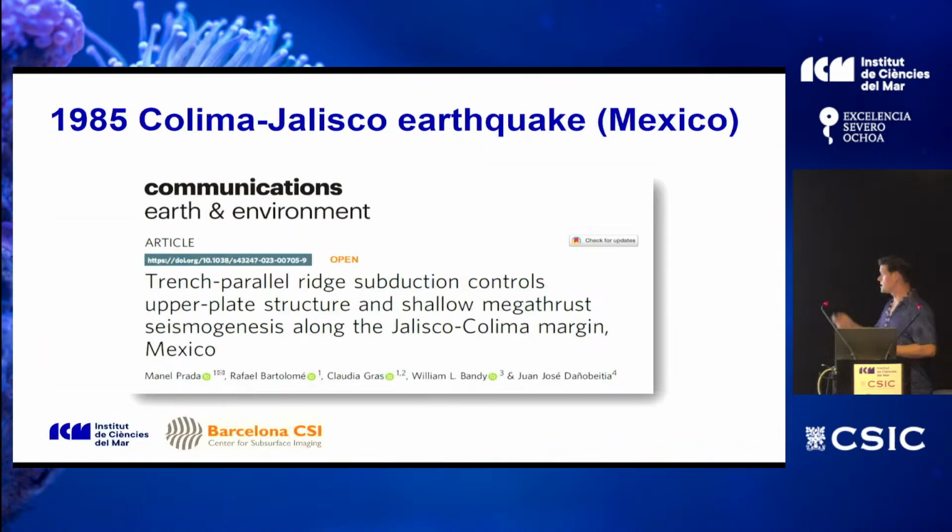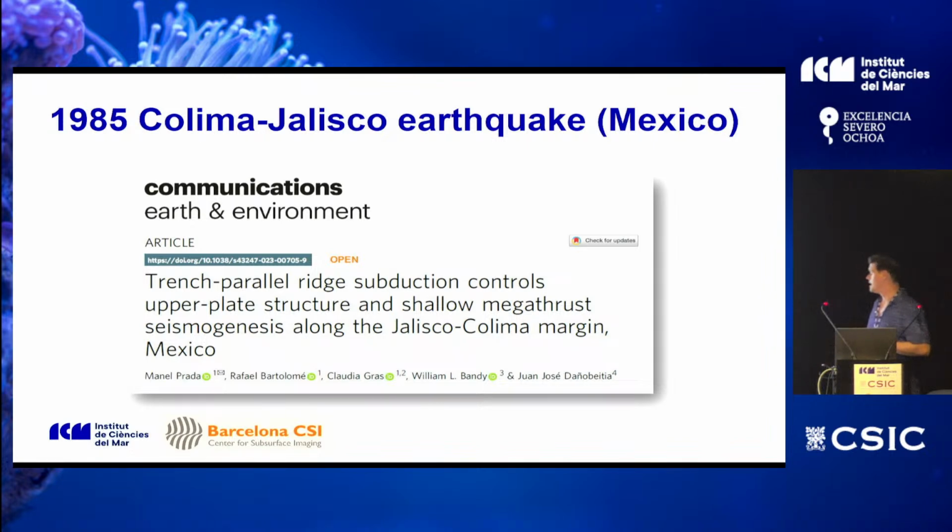Now, I'm going to jump to another study, in this case offshore Mexico. This is a paper we published recently with Rafa and co-authors. What we want to explain is the dynamics and occurrence of the 1995 Colima-Jalisco earthquake.